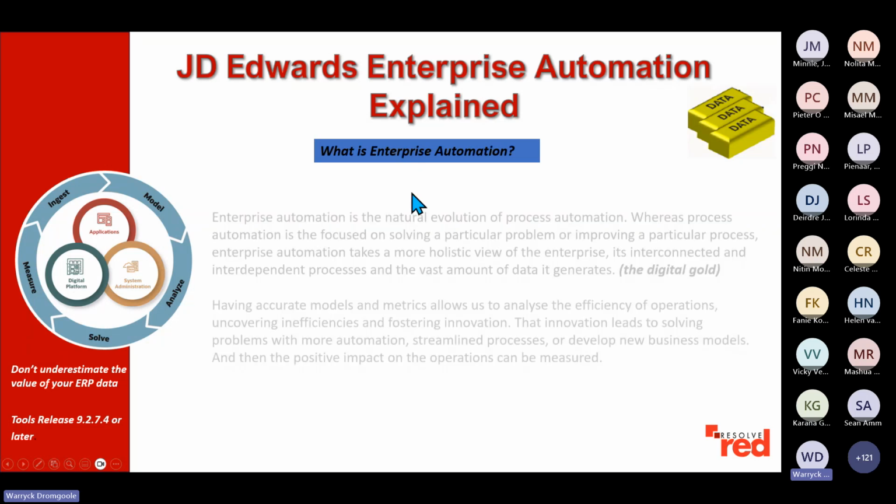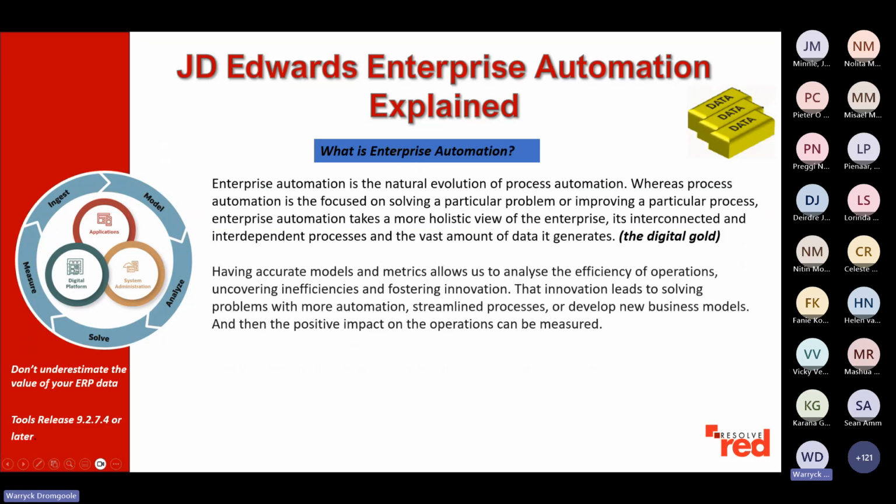I'm going to be going through enterprise automation. What is enterprise automation? Enterprise automation is the natural evolution from process automation. Whereas process automation is focused on solving a particular problem or improving a particular process, enterprise automation takes a more holistic view of the enterprise, its interconnected and interdependent processes, and the vast amount of data it generates.